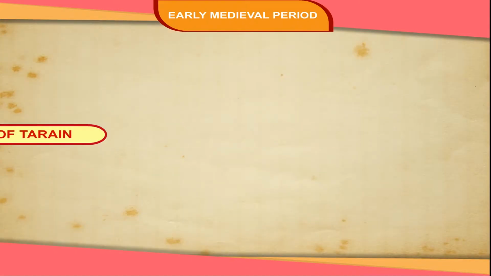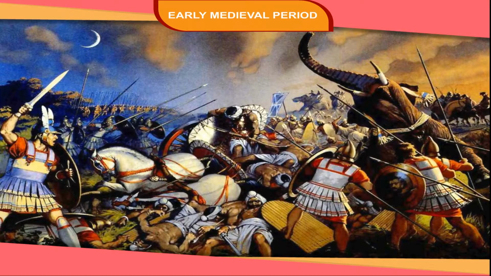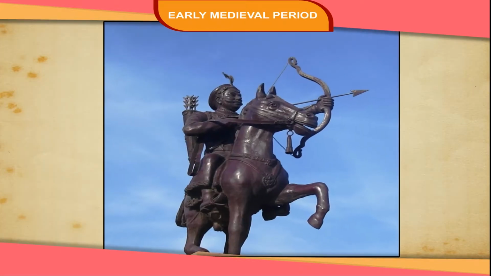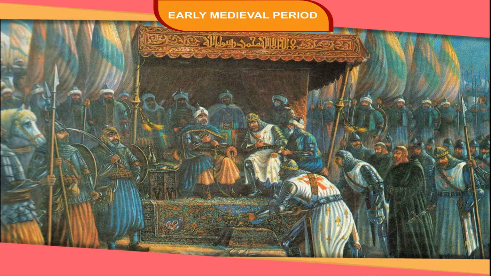Battles of Tarain. A dispute over a fortress on the border of the two kingdoms brought the armies of the two kingdoms into conflict in the first battle of Tarain, Tarauri, in 1191 CE. Prithviraj defeated Mohammed Ghori and pardoned him despite his generals asking him not to do so. Within a year, Mohammed Ghori made careful preparations and marched back with a large army.